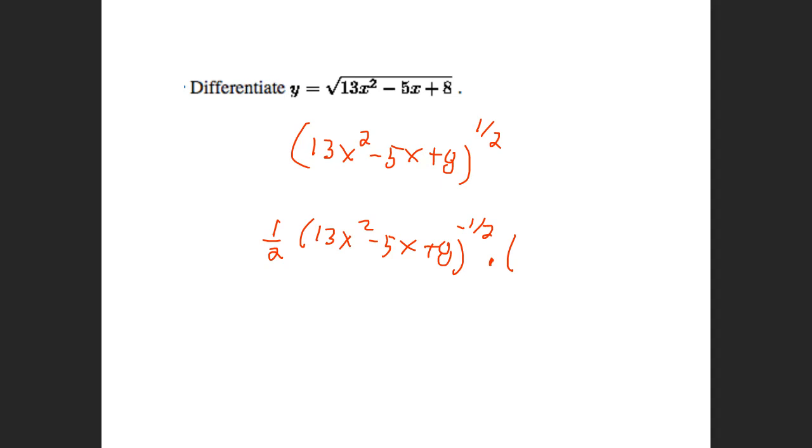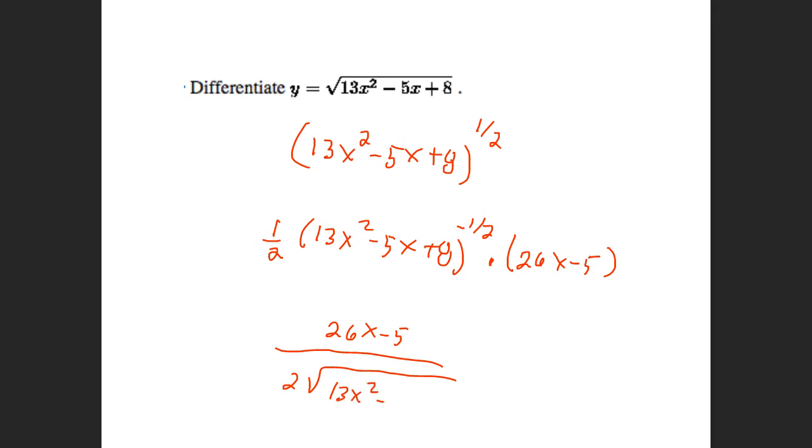Well, the derivative of the middle is 26x minus 5. So if I was going to rewrite this simplified, because I don't like negative exponents, I would go 26x minus 5 over the square root of 13x squared minus 5x plus 8.